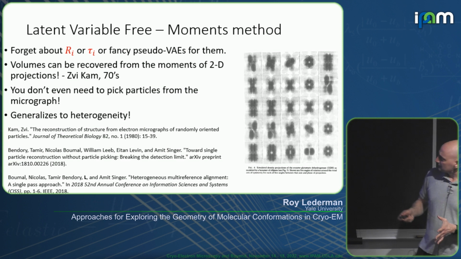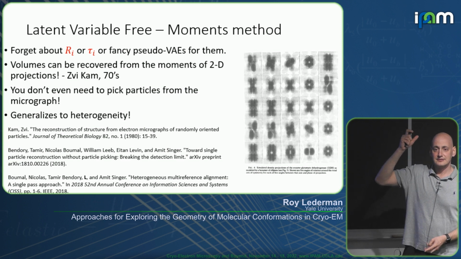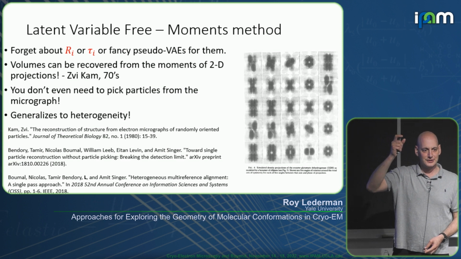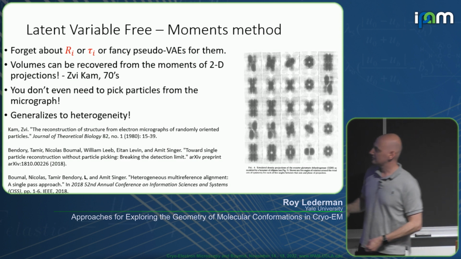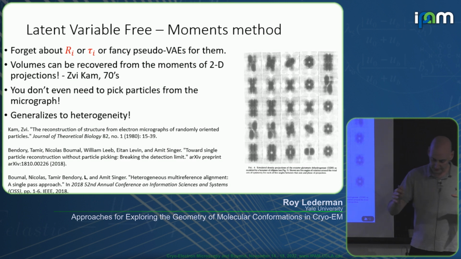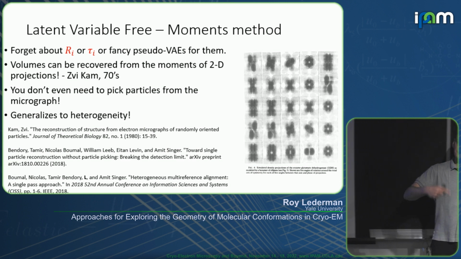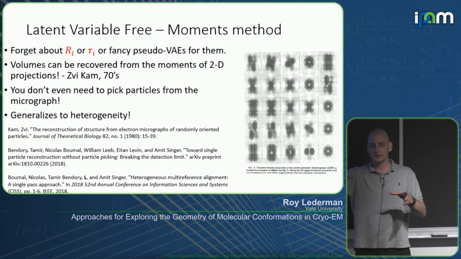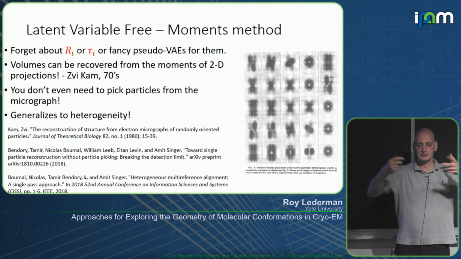What Zvi Kam observed in the 70s, 77 I think it was when the paper was submitted, was that you could just take the tomographic projections, compute moments from them, and from these moments you can recover the 3D object.